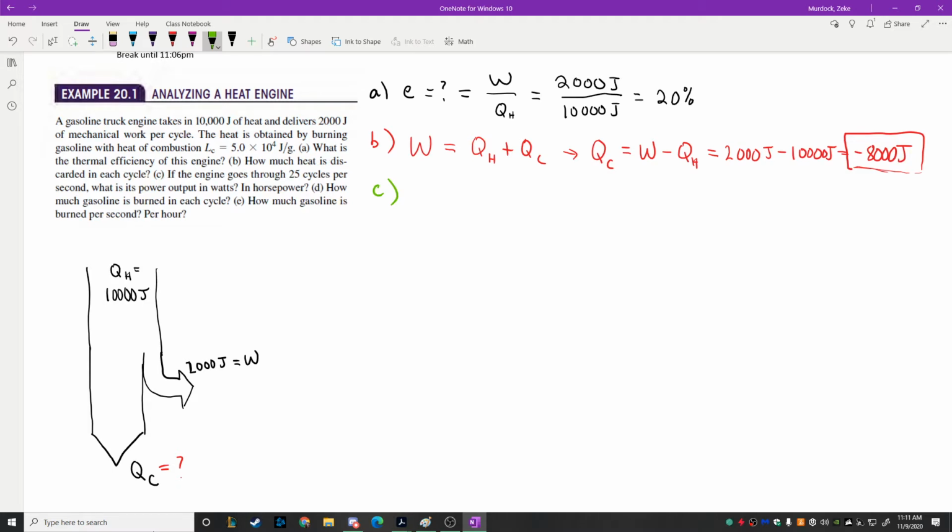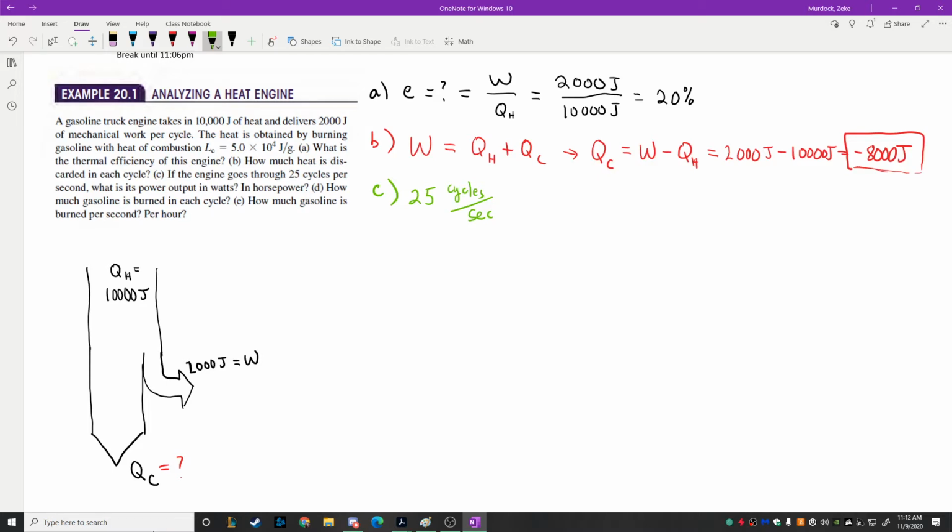Okay. Part C. If the engine goes through 25 cycles per second, what is its power output in watts? So it goes through 25 cycles per second. Now what does this mean to y'all?